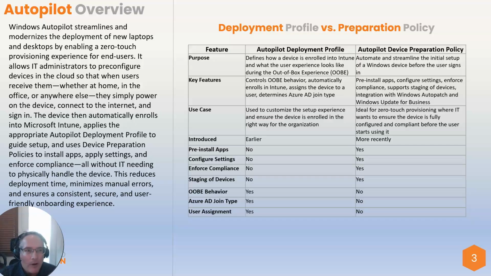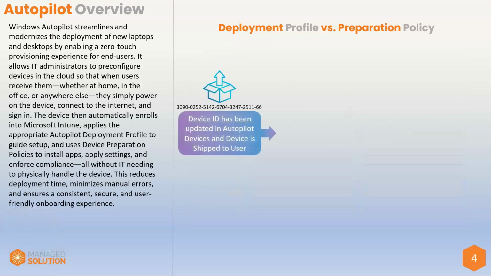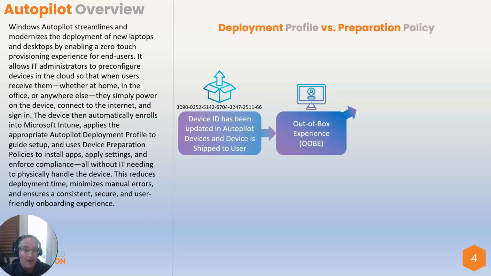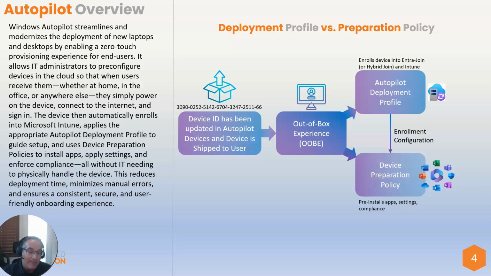The workflow of deployment profiles and preparation policies always starts with having the device IDs. These device IDs can be IDs from an OEM that is shipped to the user, or they could be a collection of IDs of machines that you have in-house. The essence of it is that the end user will receive a laptop or a desktop in some cases. They're going to go through an out-of-box experience.